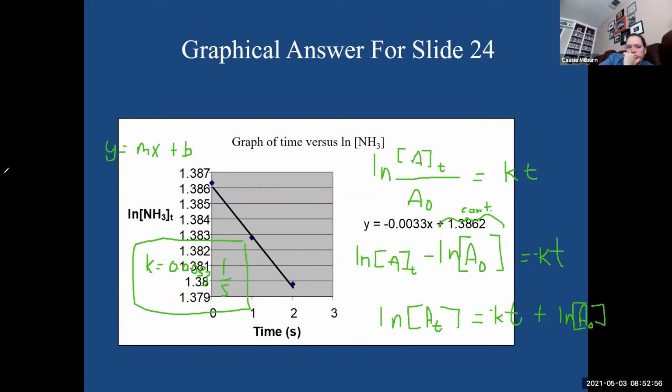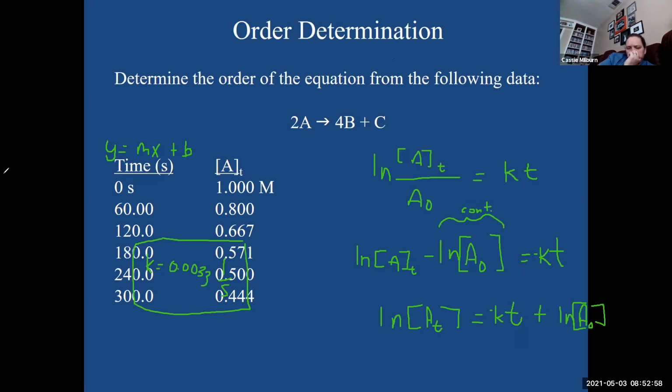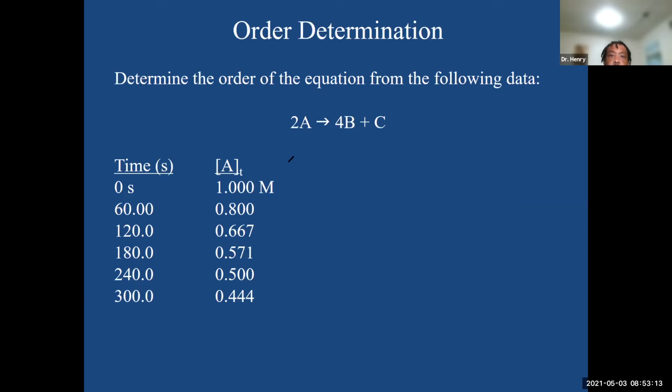Okay, so the next part is if we try to determine whether something is a first order reaction or a second order reaction or a third order reaction, right? So we're going to be using all of the information that we know. A zero order reaction is just going to be a function of time, right?